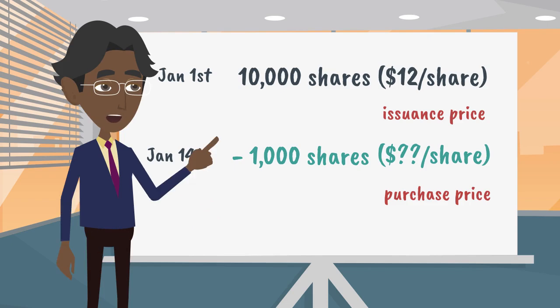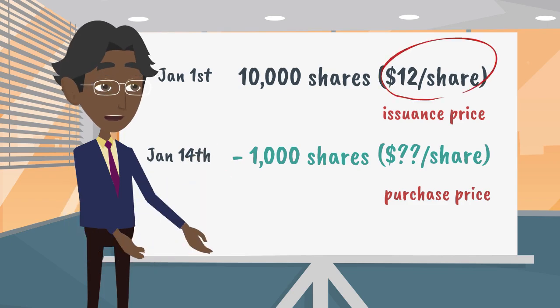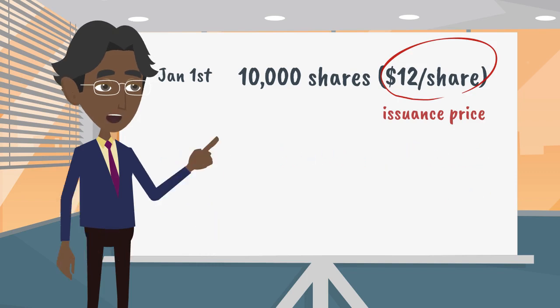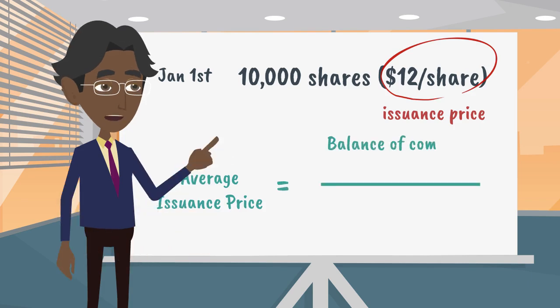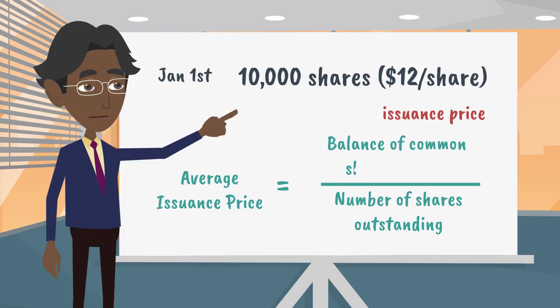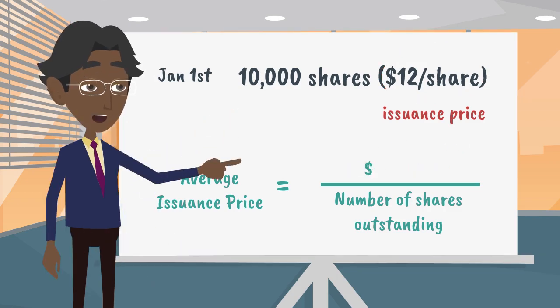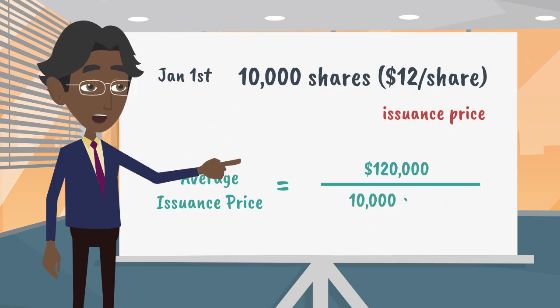Although we know that Lily Lime issued their shares at $12 per share, we might not always have this information. Thus, we base our calculations on an average issuance price instead, where we divide the balance of the common shares account by the number of shares outstanding. Lily Lime's current common shares account has a balance of $120,000, and they have issued a total of 10,000 common shares on January 1st.